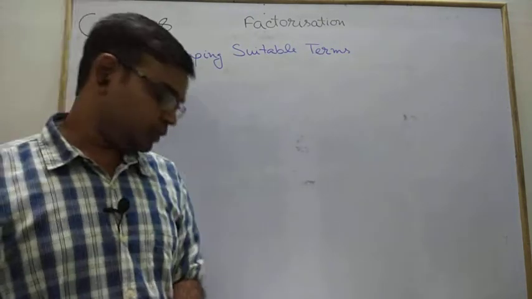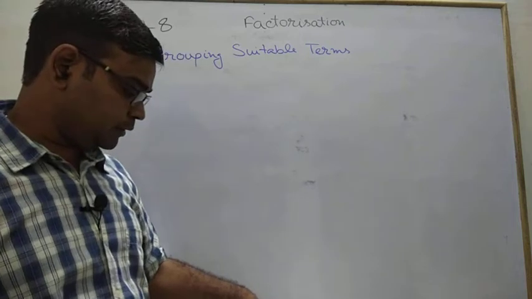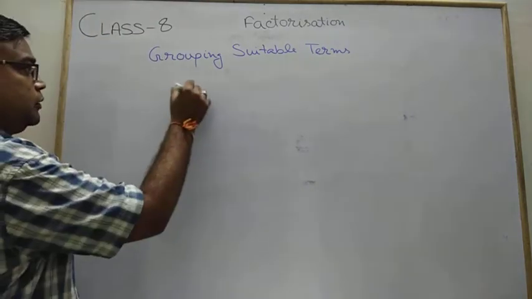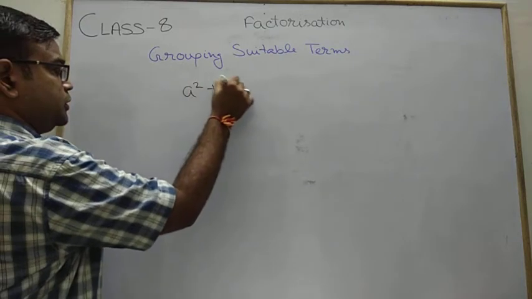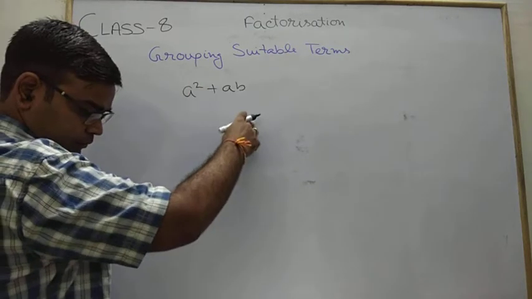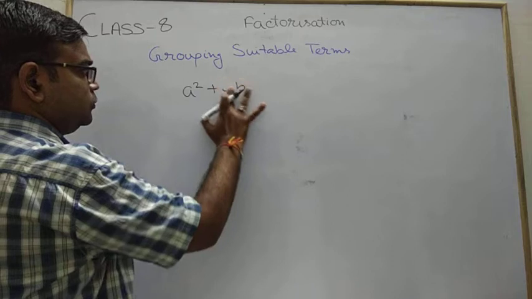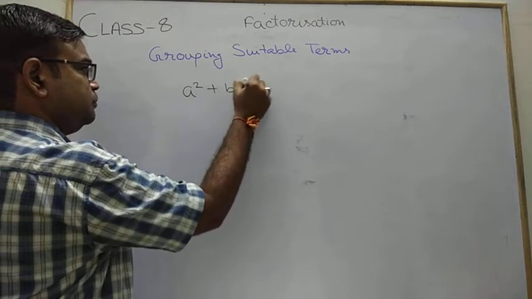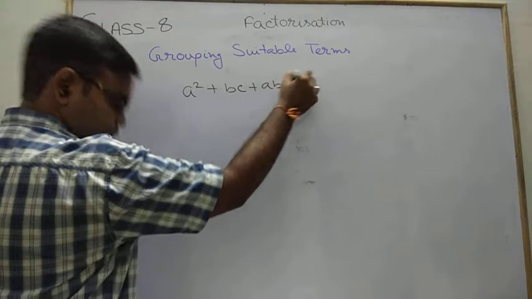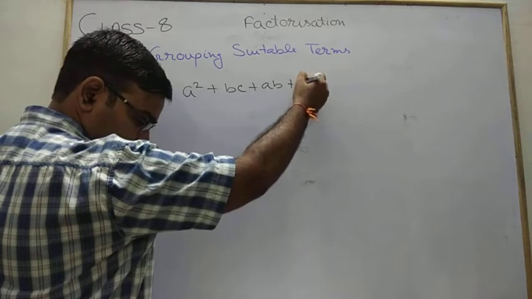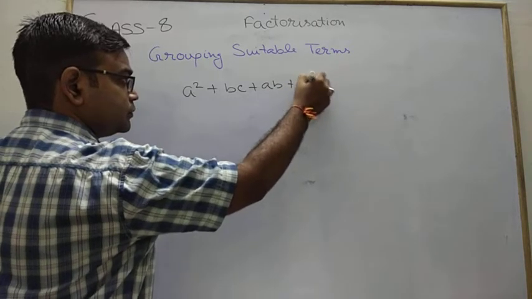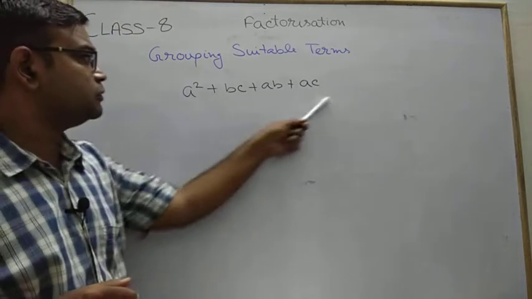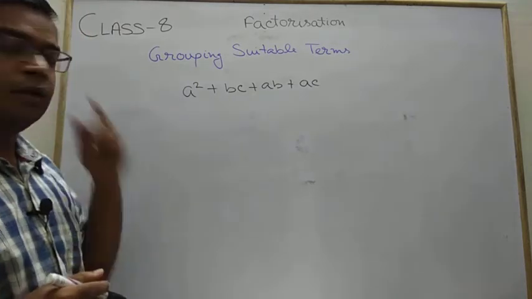How do we solve? Suppose I have a question like this: a square plus BC plus AB plus AC. At first look, all four terms are different.